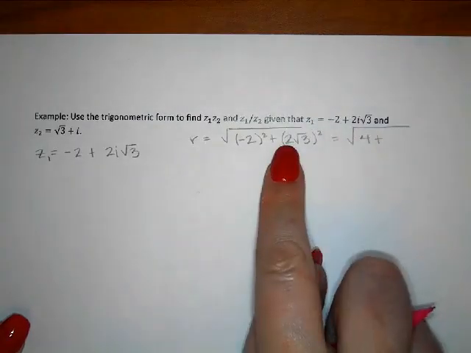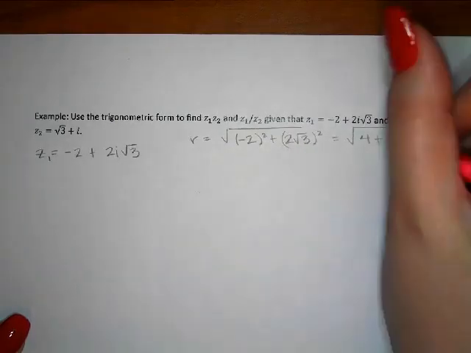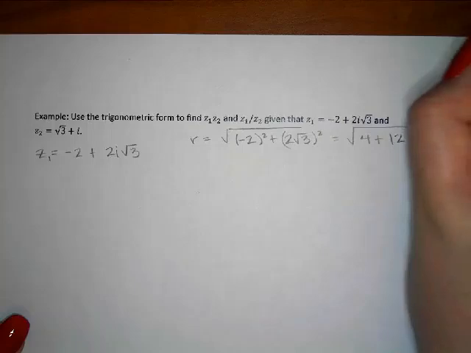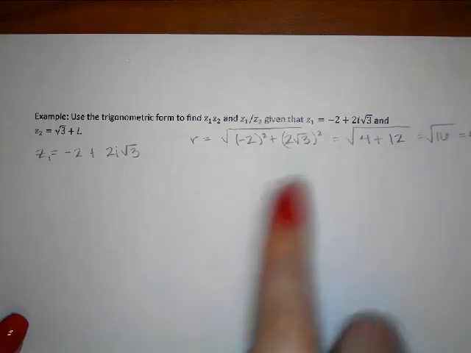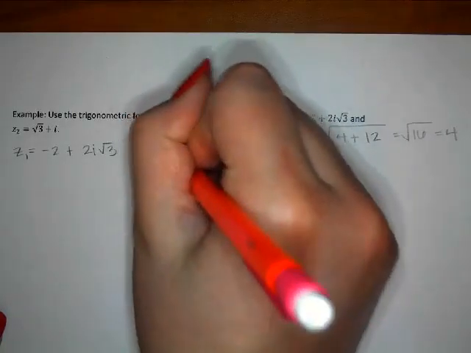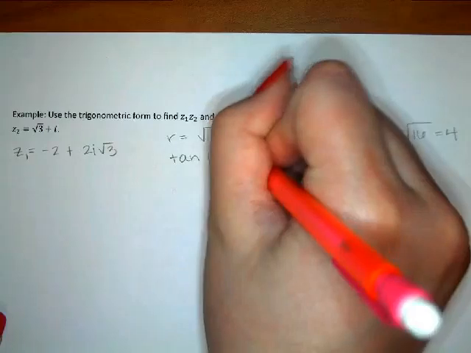So this is the square root of 16, which is 4. So the modulus for this one is 4, and then tan theta is 2 root 3 over -2. So this is negative root 3.